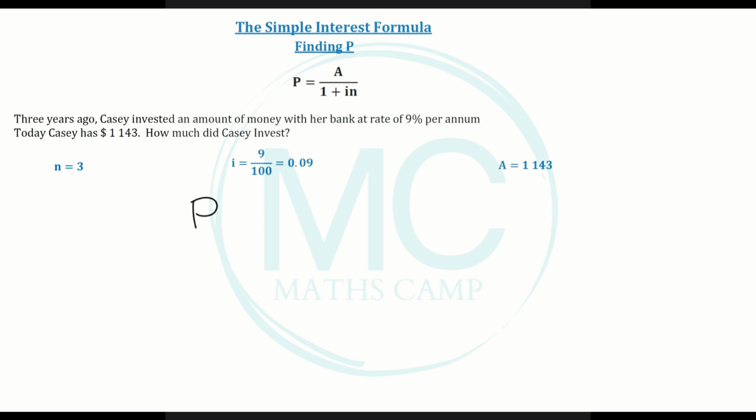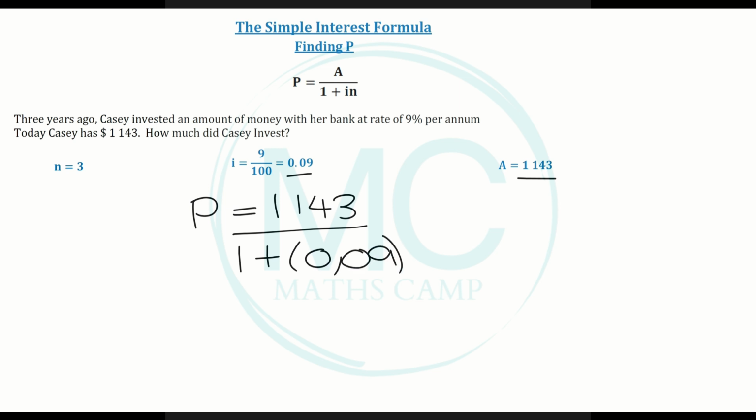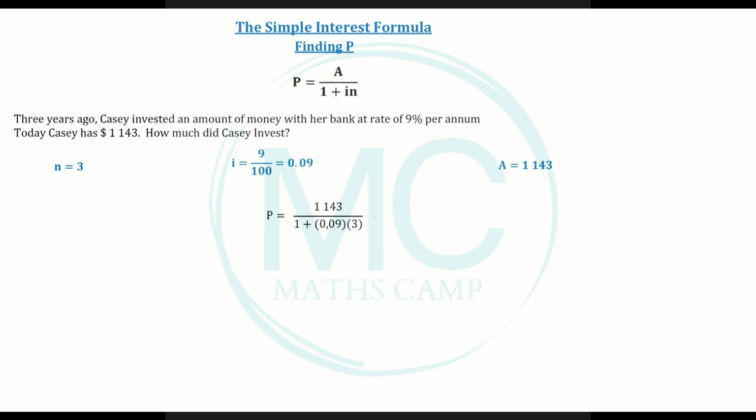And we say P is equal to A, 1,143, all over 1 plus the value of I, 0,09, multiplied by n, which is 3. Now, the top of our fraction, we have 1,143.